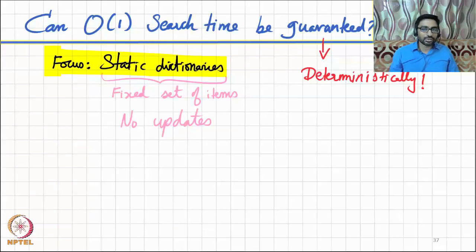And we're going to limit our focus to static dictionaries, in which we're going to store a fixed set of items. There's going to be no updates to these items, and for this fixed set, we want to be able to query whether an item x in the universe is present in the dictionary or not.